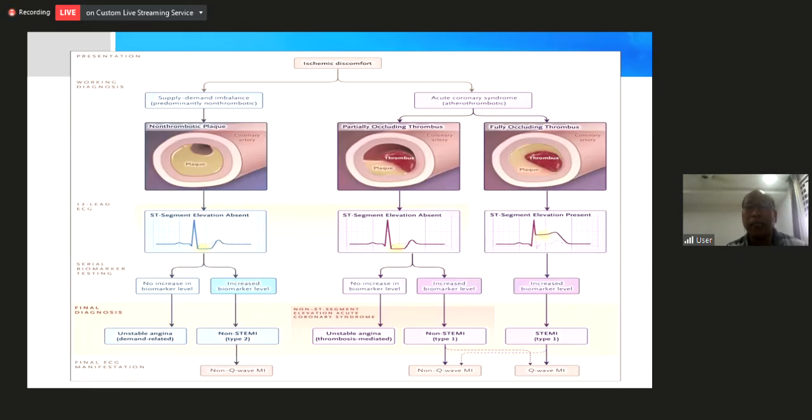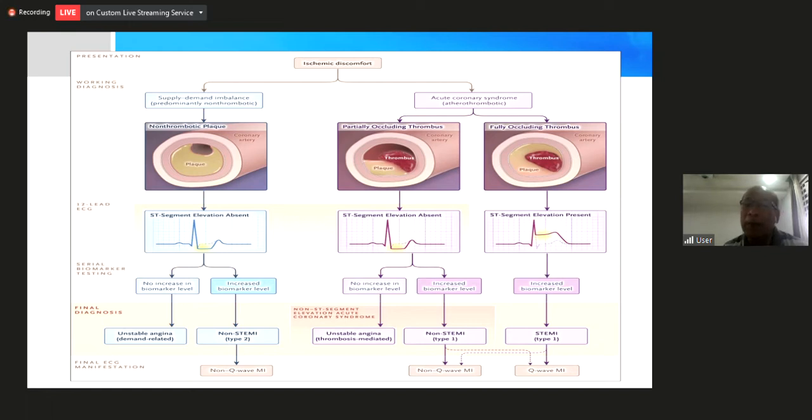So again, I want to repeat this. In unstable angina, the ECG can show ST depression or maybe it's normal, but the most important thing is that the biochemical markers do not increase. If they increase, we call it non-STEMI. In the case of a partially occluded vessel, we call it unstable angina, and non-STEMI if the biochemical markers are elevated.